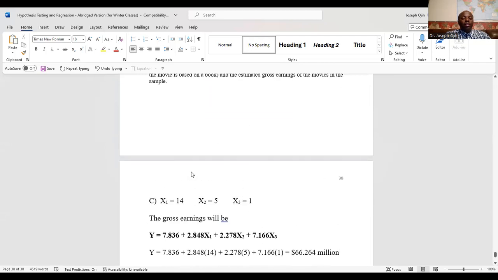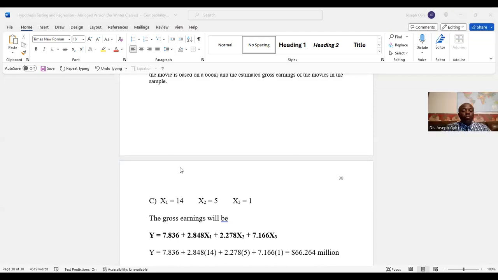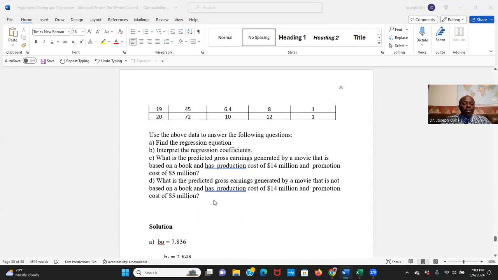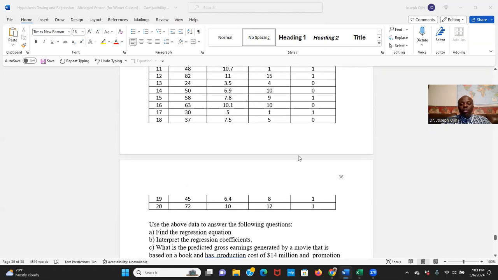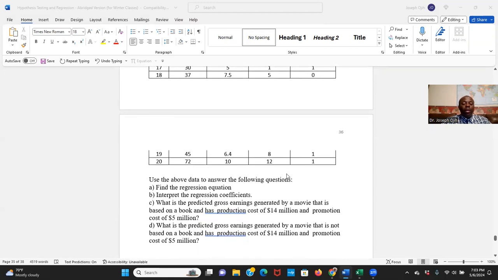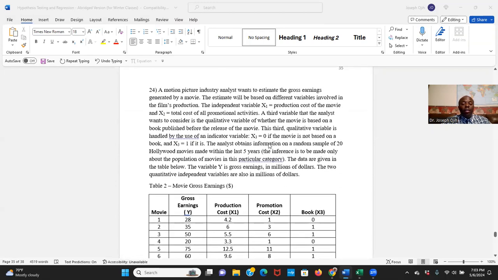Now let's do the last example, which would be part D. It's almost the same type of question, except that this time around the movie is not based on a book. What is the predicted gross earnings generated by a movie that is not based on a book? When it's not based on a book, we put 0 for it. That's what it says here: X3 equals 0 if the movie is not based on a book, and X3 equals 1 if it is.